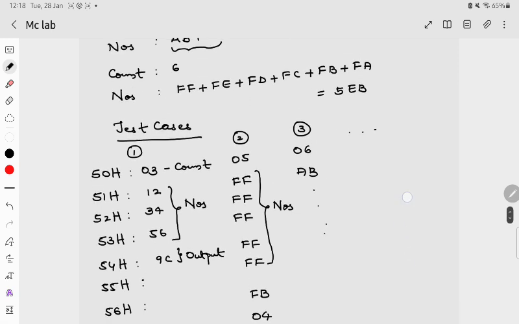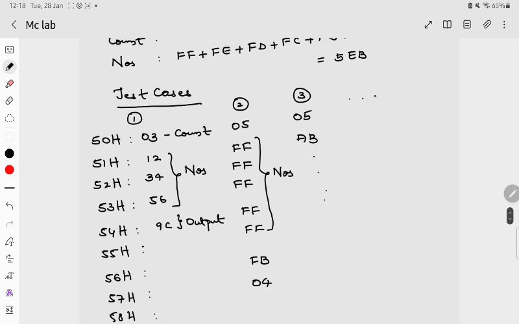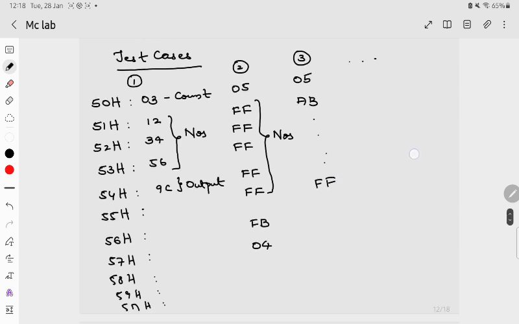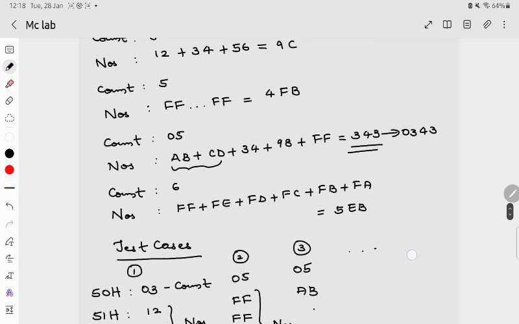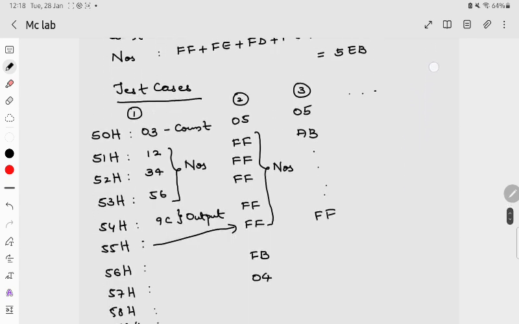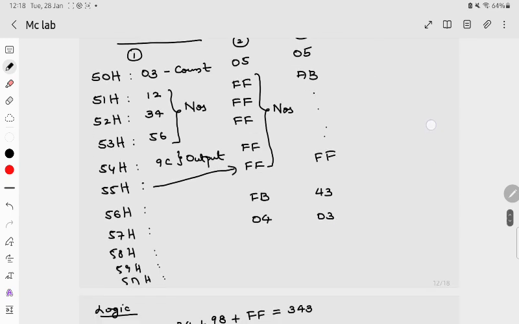We have a count of 5: AB plus CD plus etc. up to FF. So 1, 2, 3, 4, 5. It came at 55, this one. So the answer was 343. So we will have 43 here and 3 here. So these were the outputs.